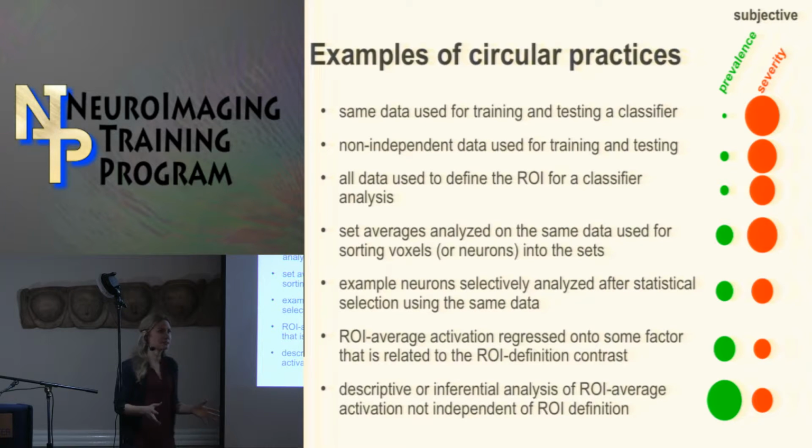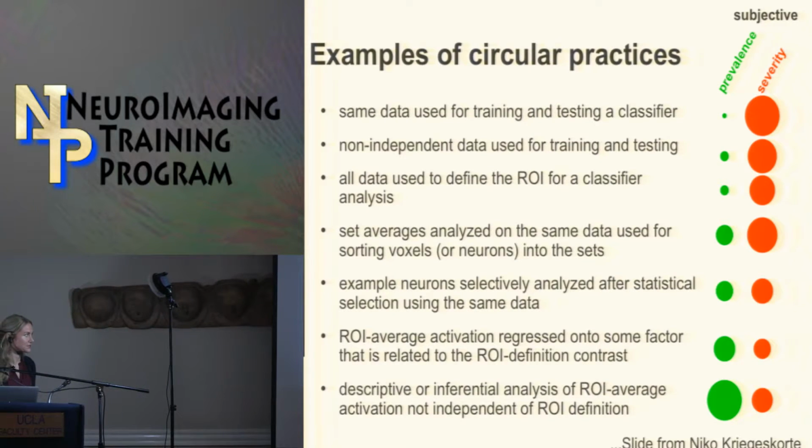So if all of your data is used to define an ROI, and then that ROI is used essentially as a feature selection approach, that's also peeking. If you analyze averages of data that was also used for sorting voxels, that's also, I think, less common. And there are a couple of others I'll let you read. But these are things to think about, different ways that your analyses can be circular. So you don't want to do that.